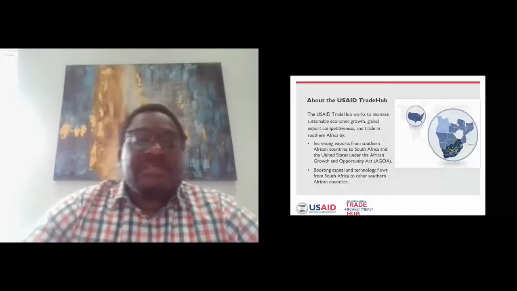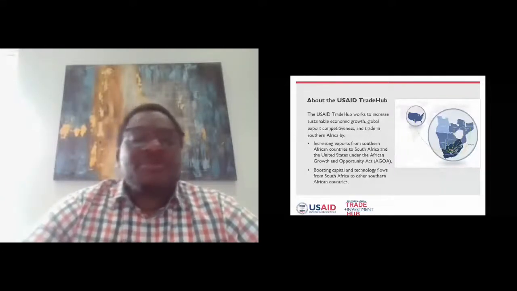These are what we call our focus countries, and they include Eswatini, former Swaziland, Botswana, Lesotho, Namibia, South Africa itself, Mozambique, Malawi, and Zambia. I like to call them SACU +3.